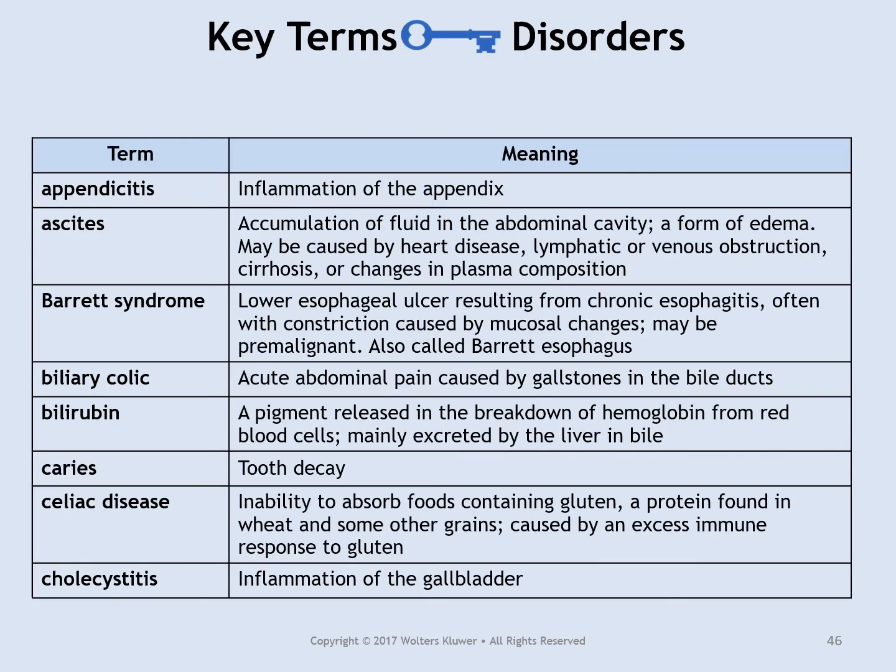All right, and here are a few terms that we've been going over. So ascites is the accumulation of fluid in the abdominal cavity.